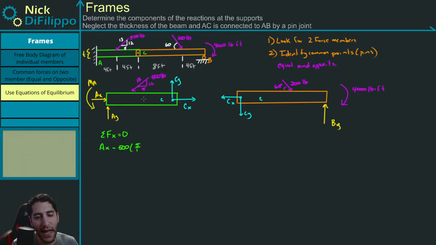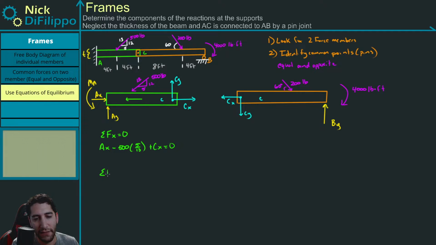Now this is the X component of this 500-pound force. And because this thickness is negligible, they all act on the same plane. It's not super important for this equation, but it will become important later. And then we have this plus CX. And this is equal to 0.